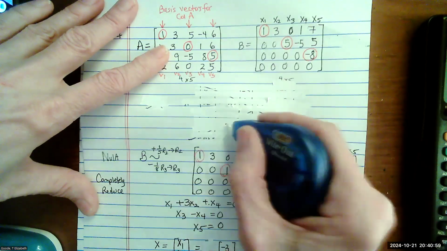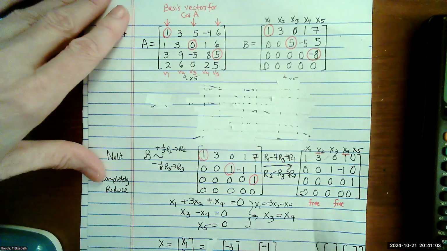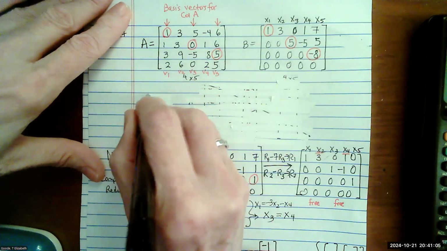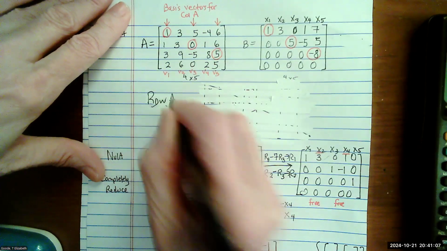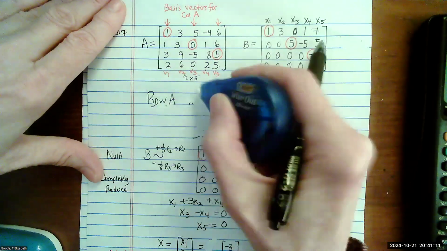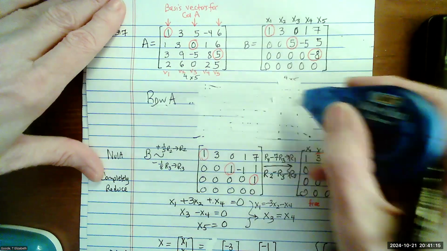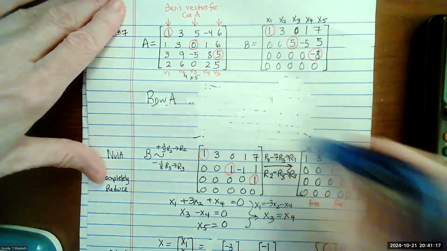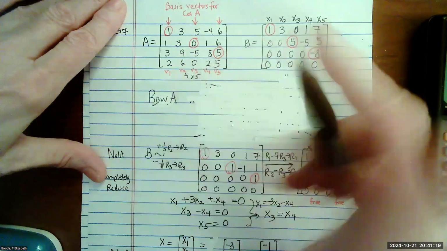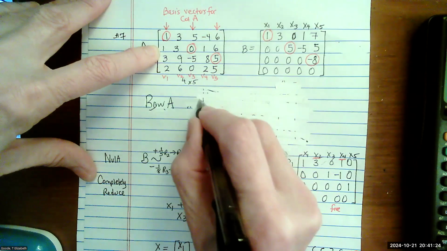Okay, so for row A, the non-zero rows are the basis for row A. And you can take the non-zero rows of B because row operations don't change the row space.